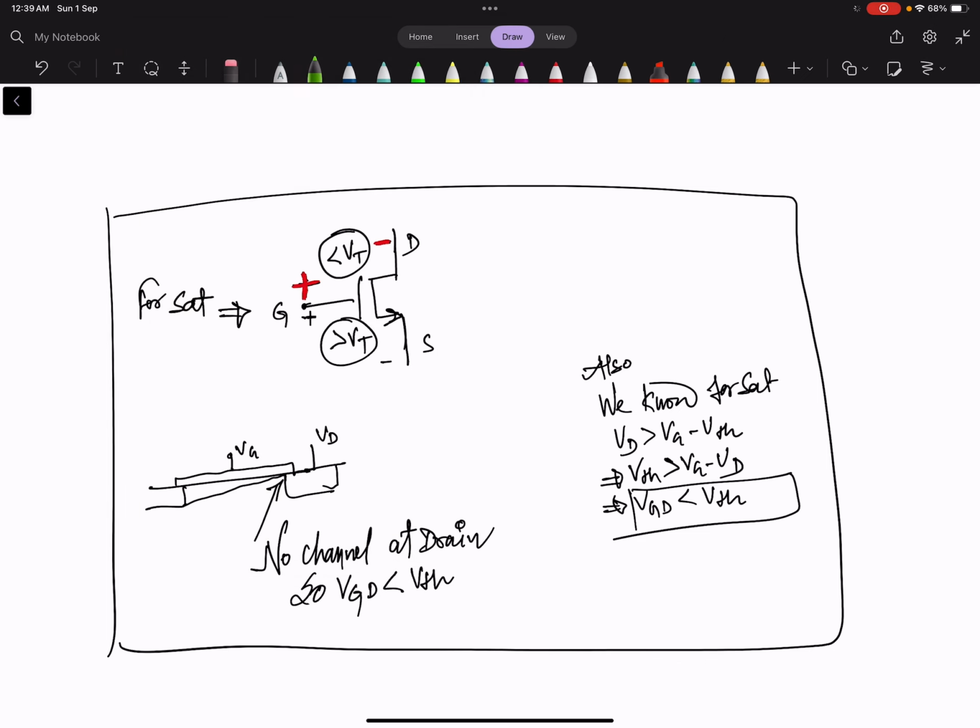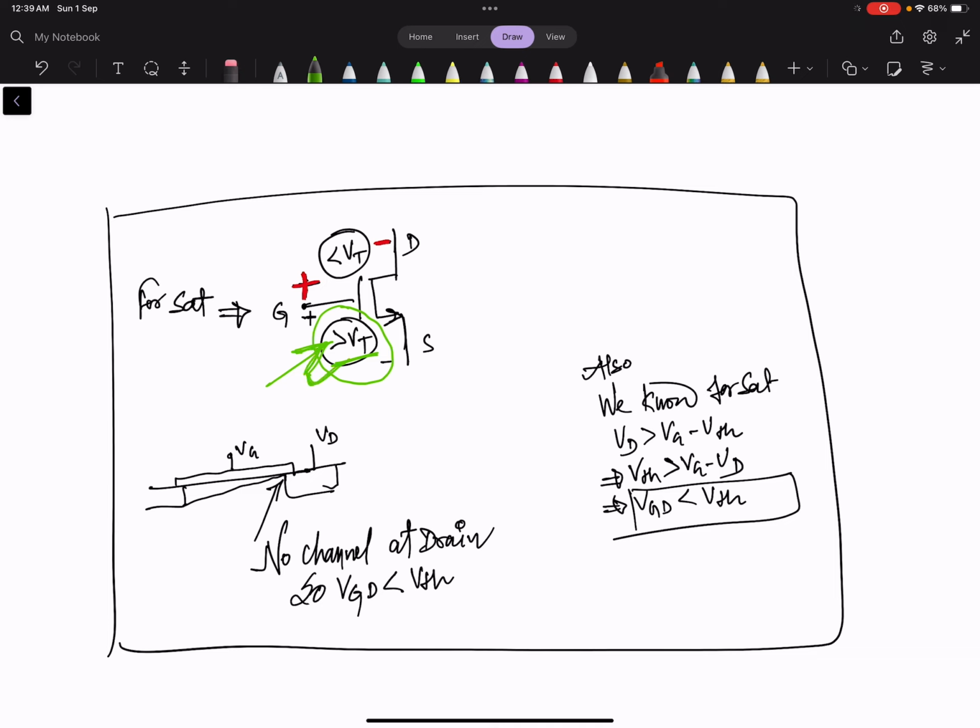What is the saturation condition of a device? First thing is that this device has to be on, so this voltage drop, VGS, should be greater than VT. What is VT? VT is the threshold voltage of the MOSFET. This is the primary condition that we already know.